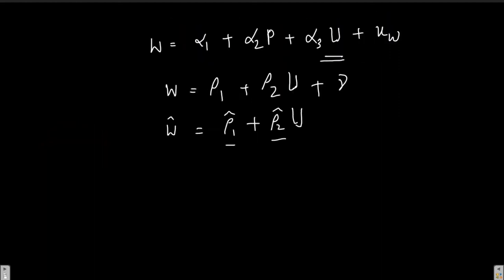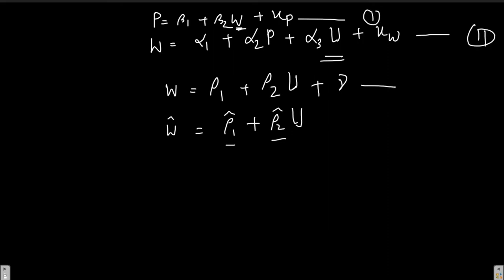I'm basically estimating price. So let's write down the structural equation for price here. Price is equal to beta 1 plus beta 2 W plus UP. Now here I am supposed to replace W. So let us number the equations also: 2, 3, and this is a 4.